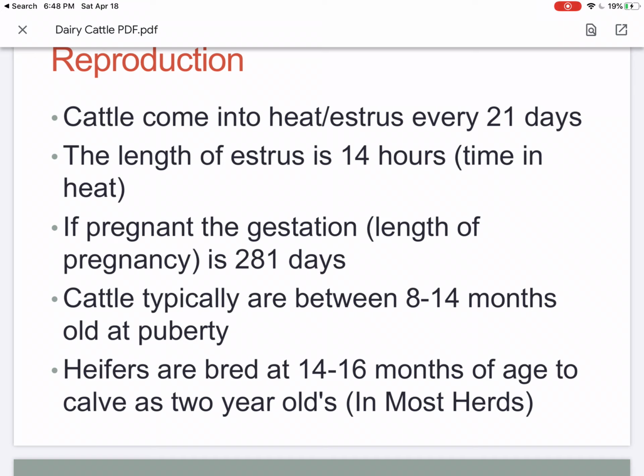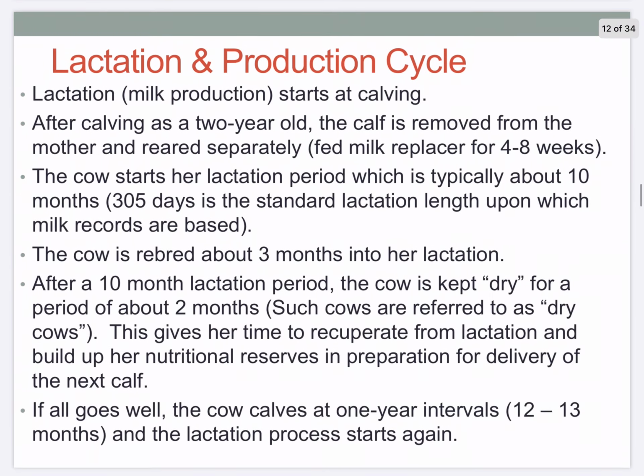The length of estrus is 14 hours. If pregnant, the gestation is 281 days. Cattle typically are between 8 to 14 months old at puberty. Heifers are bred at 14 to 16 months of age to calve as 2-year-olds. Okay, so that fits that reproduction part of your worksheet.